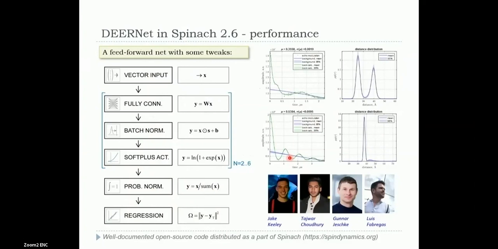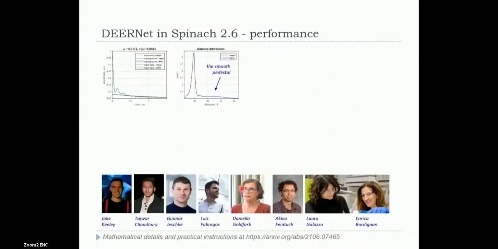It outperforms Tikhonov regularization hands down, and in fact, most of the software that is currently out there. Ourselves and Gunnar Jeschke's group, we were quite shocked by how well the blasted thing actually works. And that then begs the obvious question, right? So here are some examples. We teamed up with Daniella Goldfarb's group and Enrico Bordignon's group to get all the experimental data. So that's that pedestal that I talked about at the very beginning, and the neural network gets it right.